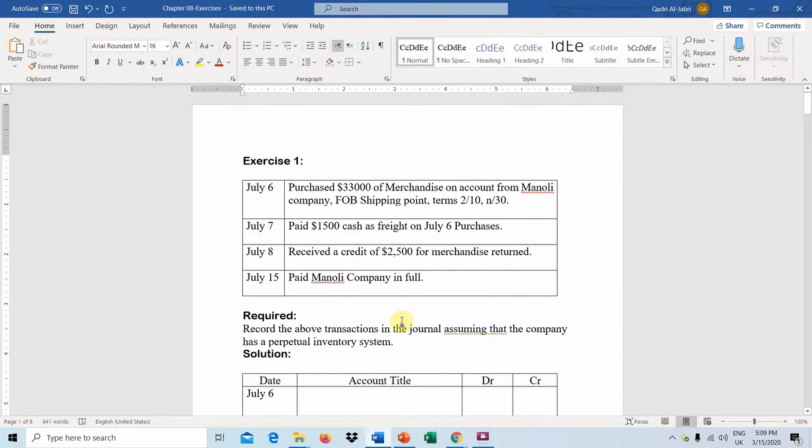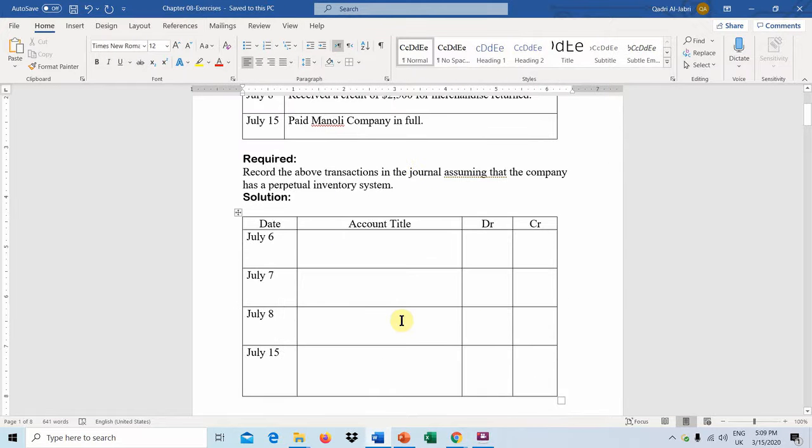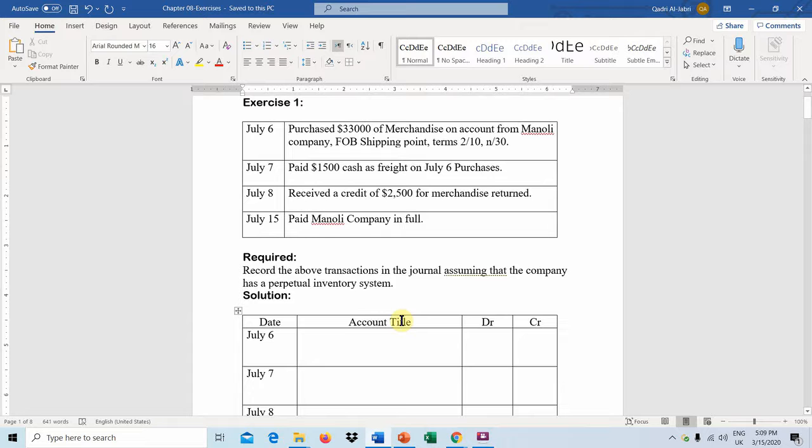So we have 4 exercises that describe the treatment of these things. Example 1 will show how to account for purchases and purchases related transactions using a perpetual system, the continuous updating for inventory.